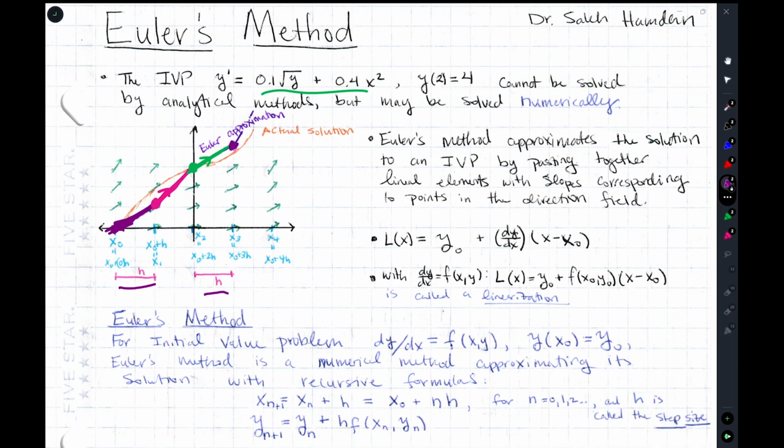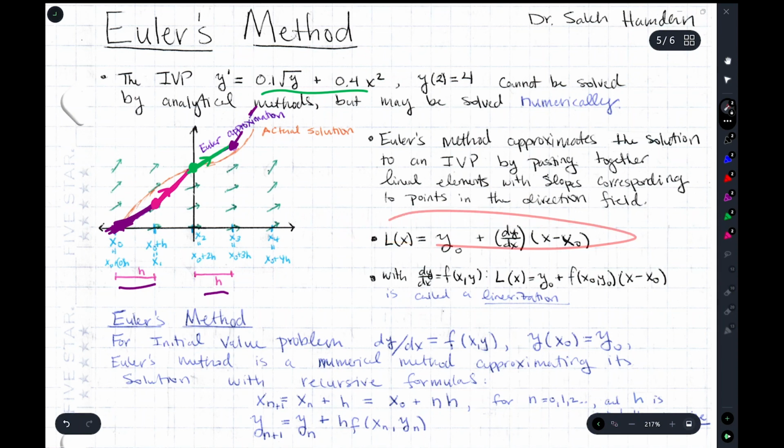Okay, we stop here, we do the same exact thing, and we basically approximate the solution this way. Okay? This is called Euler's method in a nutshell.